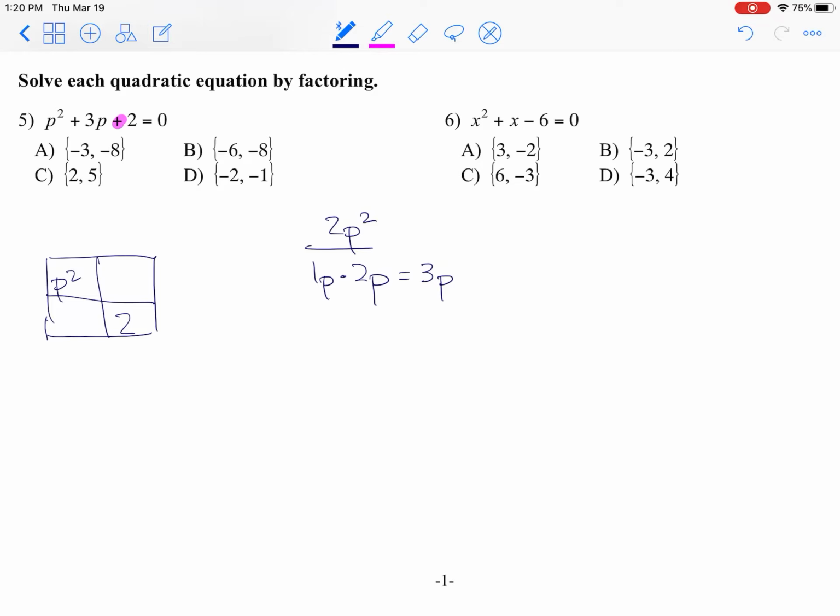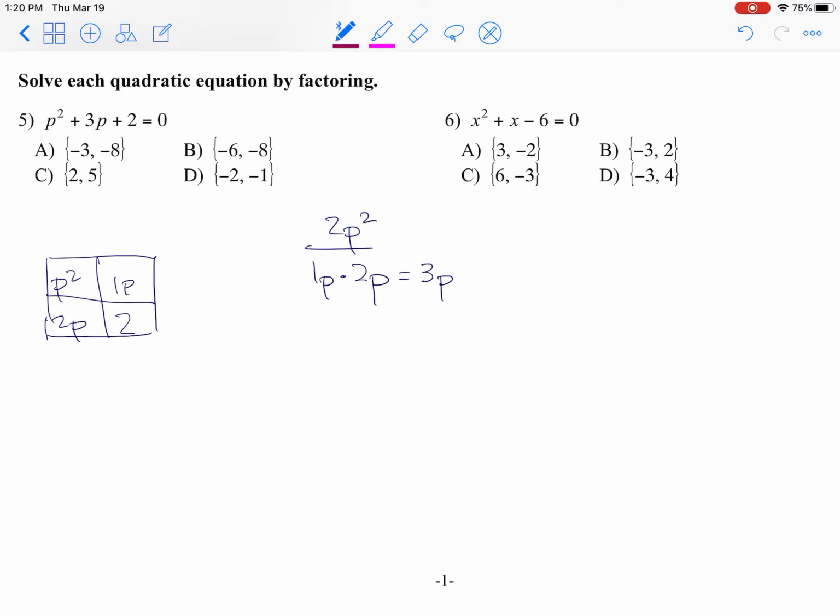So if we add 1p and 2p, we get 3p, and that is, in fact, what it says our answer should be. Now, if it were negative 3p, we would put negative 1p and negative 2p in these blocks, but since it says positive 3p, then we put positive 1p and positive 2p in that box.